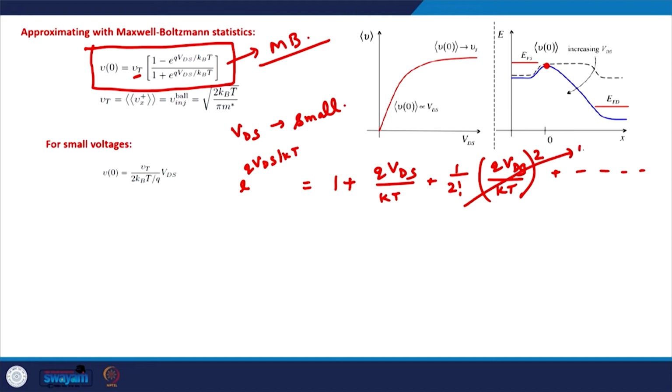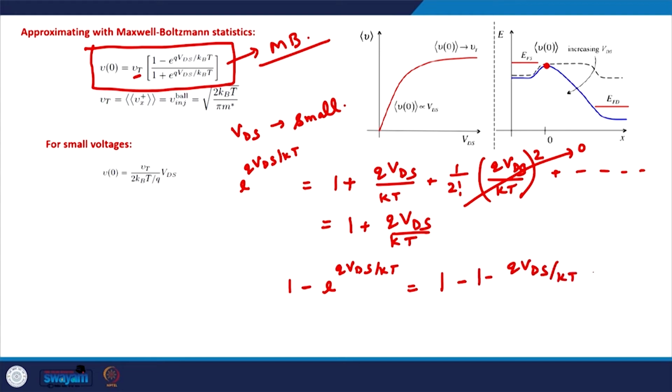Even the second order terms can be ignored, so this can be approximated by 1 plus q VDS by kT. So 1 minus exponential q VDS by kT is essentially 1 minus 1 minus q VDS by kT.